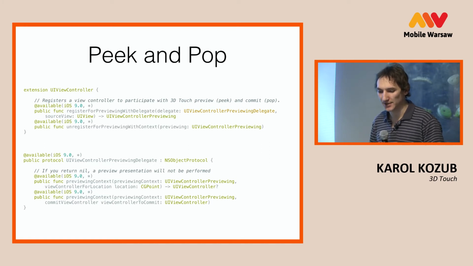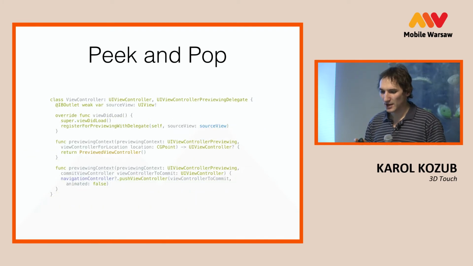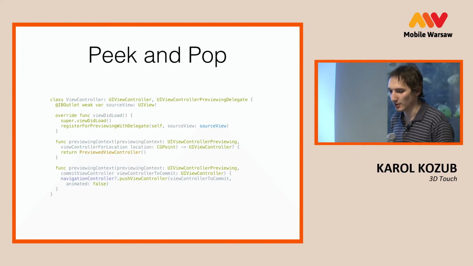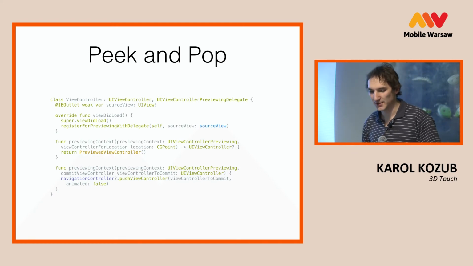So the delegate has two methods, viewControllerForLocation and commitViewController. The first one is responsible for returning a view controller that will be previewed. The second one just defines whether we want to push the view controller or present it or do something like that. Right, so here is a very, very basic example of what I just said.